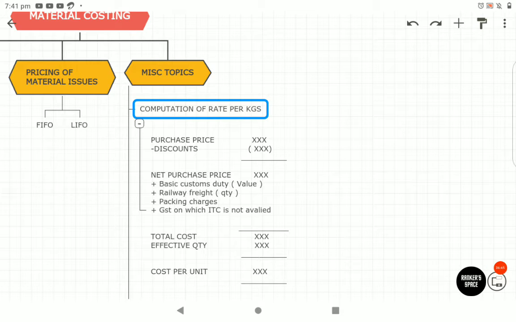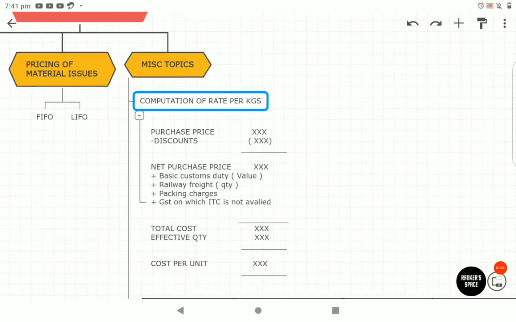What is the point otherwise? Say you should pay 10 rupees, you have an input tax credit of 10 rupees, you set it off, zero only will be your liability. There is no outflow of cash from your pocket. That is why they don't take GST on which input is availed, they take only GST on which input is not availed. So that is very very important.